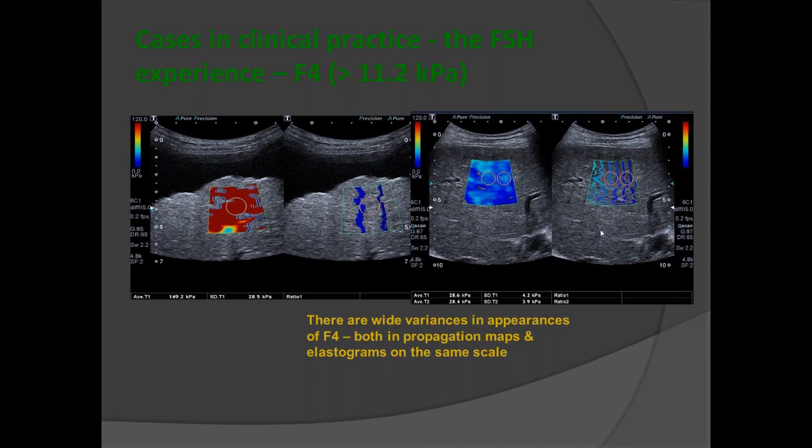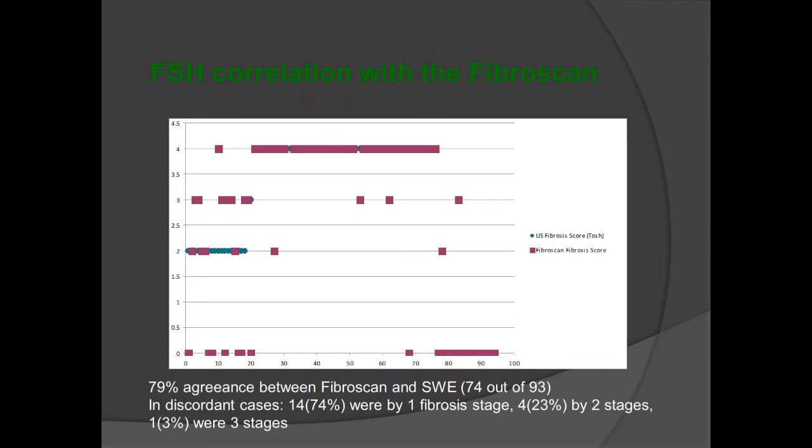So how are we comparing with the FibroScan? We've had ethics approval to look at what our fibrosis scores are compared to the FibroScan. You can see that we're getting some differences at F2. But as we saw earlier on, we know that when it comes to 2D shear wave accuracy versus FibroScan, we are in fact more accurate.